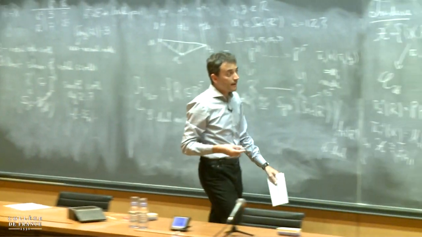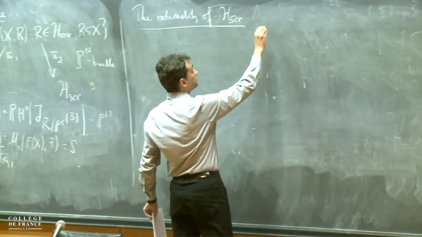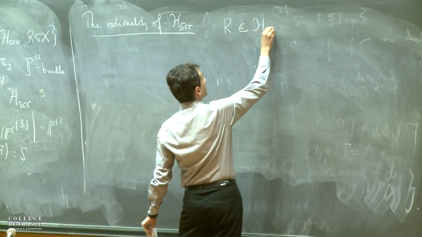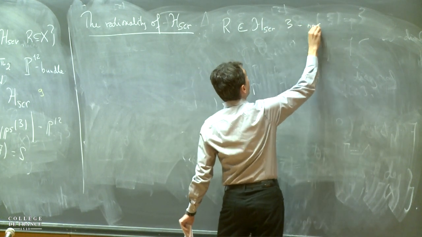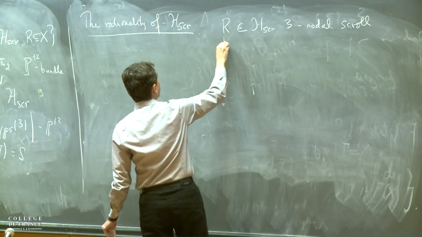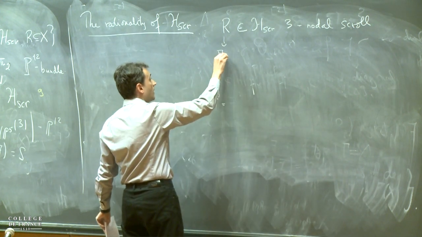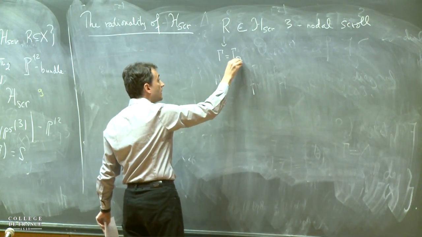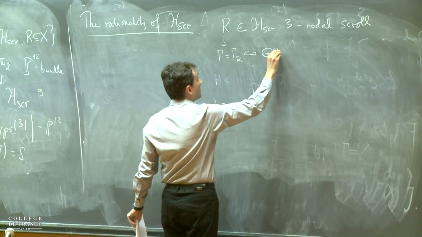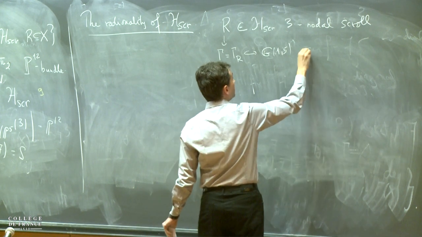Okay, so I have to start with a scroll. Again, this is one element here, a three-nodal scroll. And I go back now. To this, I associate this curve gamma, the septic curve in G15, a septic rational curve.